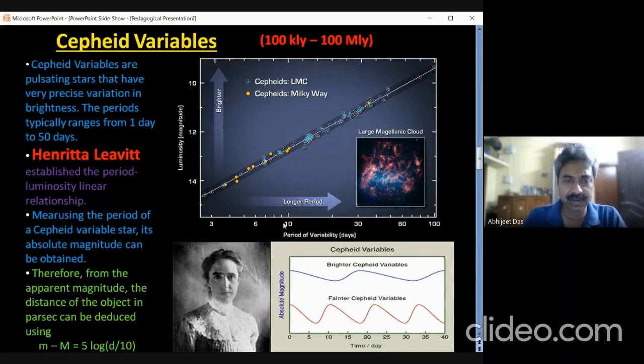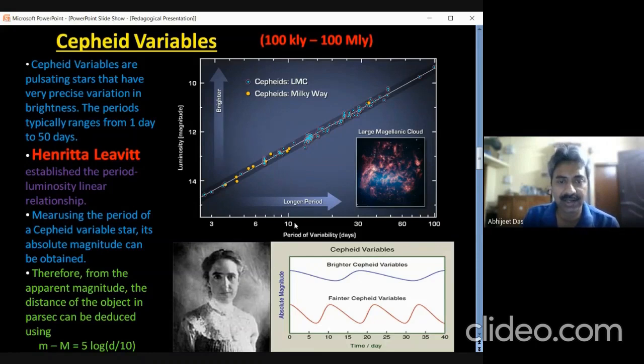In 1910, astronomer Henrietta Leavitt showed that for the Cepheid variables, there is a linear relationship between luminosity and period. Here is the plot of luminosity and period for Cepheid variables in the Milky Way, as well as in the Large Magellanic Cloud, which is a satellite galaxy of the Milky Way, and we see that they fall in a straight line. This is what is used in finding out distances with this method.